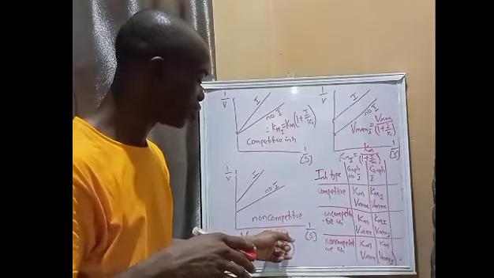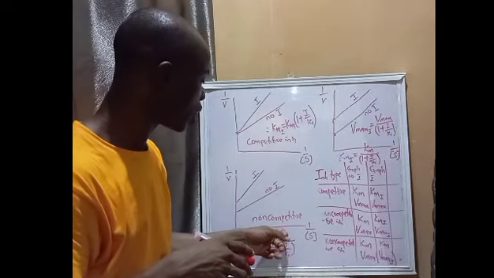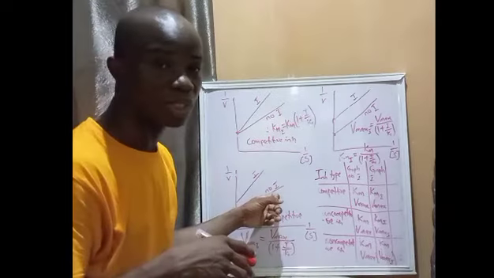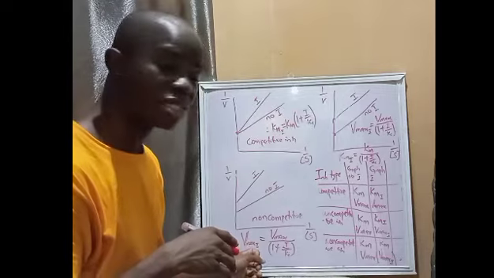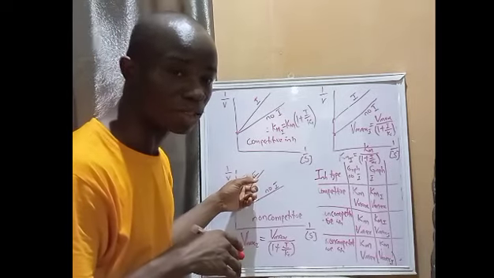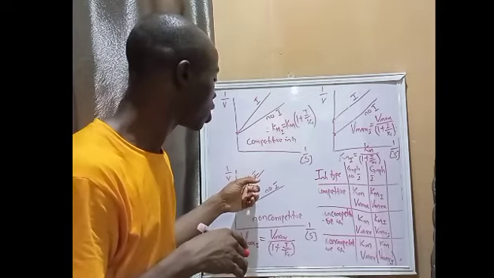And I said that this Vmax here is the one from this line which contains no inhibition, while this Vmax with inhibitor is for this line that contains inhibition.